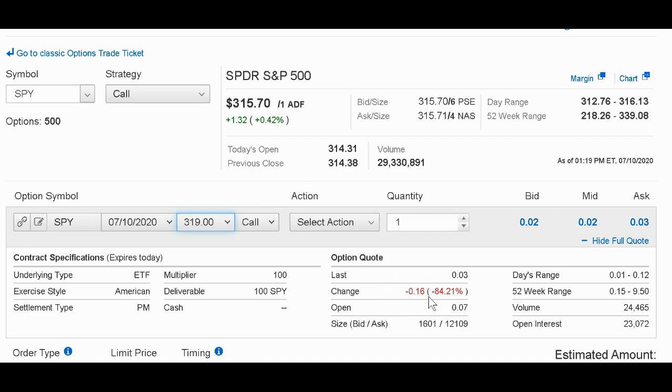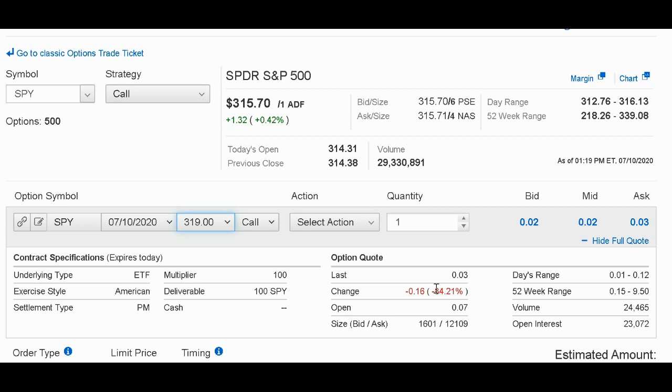I've seen out of the money options go up 100%, 200, 300, or even 1,000% sometimes. But what's the likelihood of that happening? What is the likelihood that this would have gone up to 330 or 335 or 340 today? Pretty low, right? Considering that yesterday it was around 313, something like that. Okay, so that's a gamble.